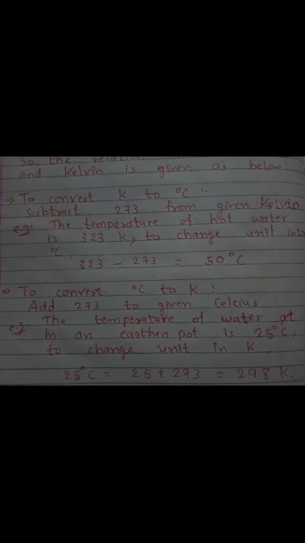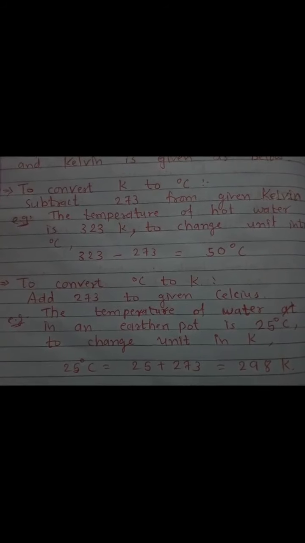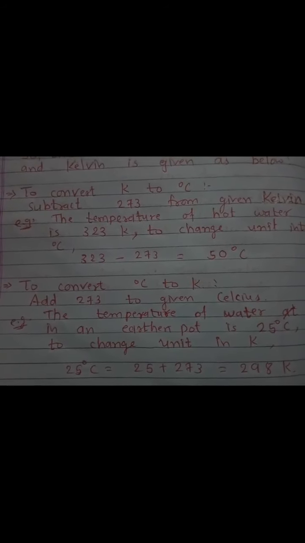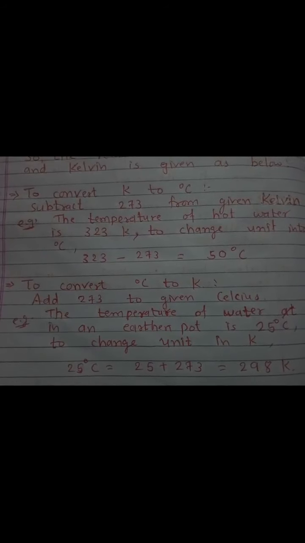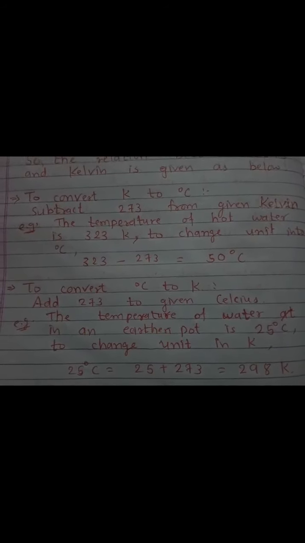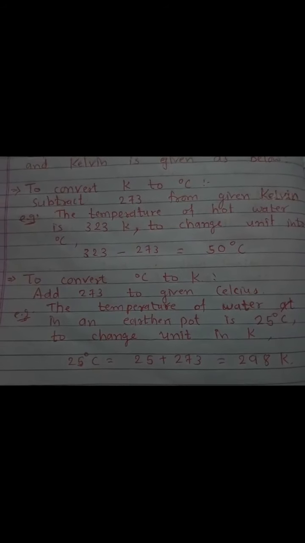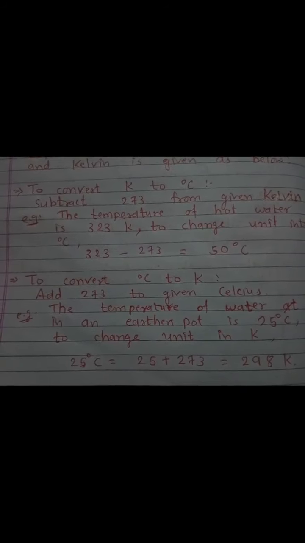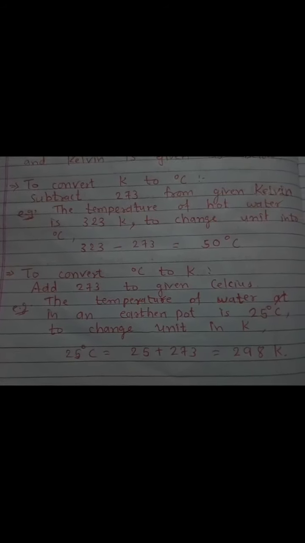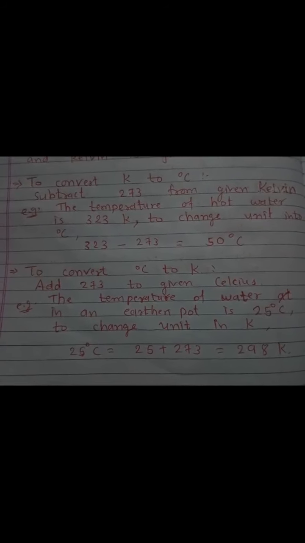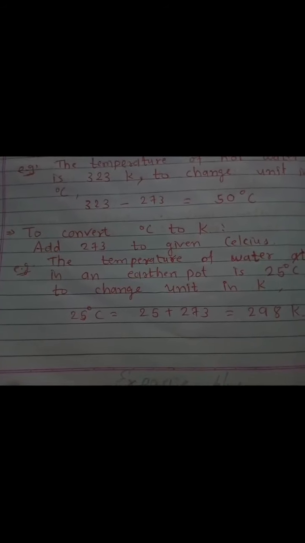To memorize this conversion method, you can go with letters. Take K for Kelvin, C for Celsius, and S for subtraction for Kelvin to Celsius. So you should remember the three letters, KCS. KCS means from Kelvin to Celsius you should subtract 273, a number that is easy to remember. In the next, go vice versa.